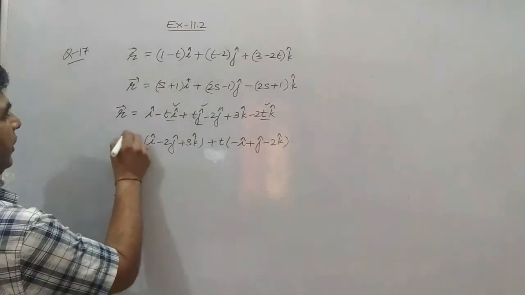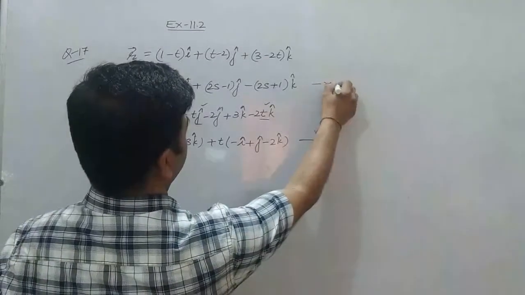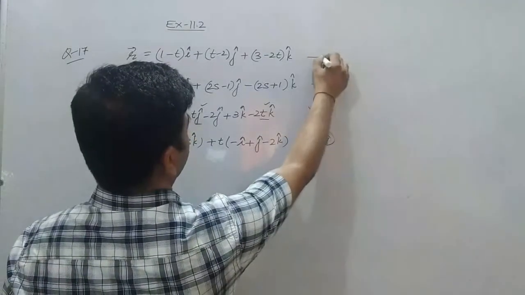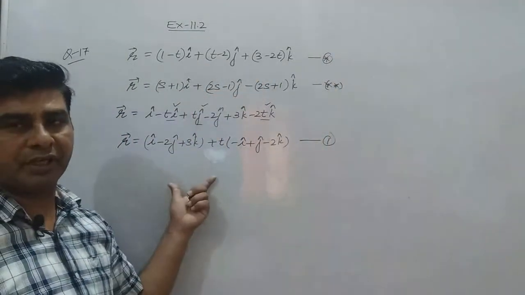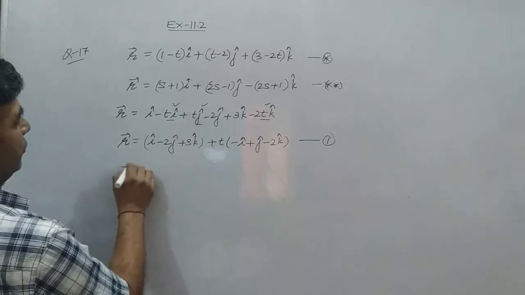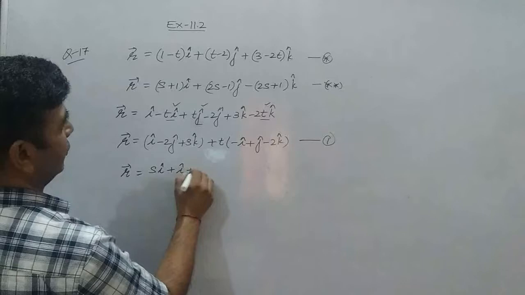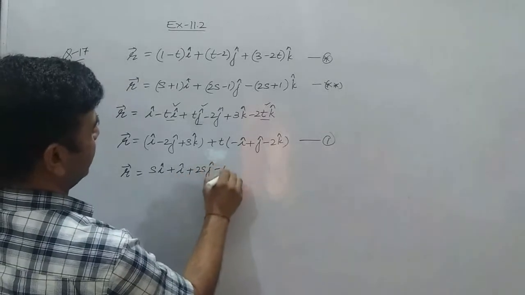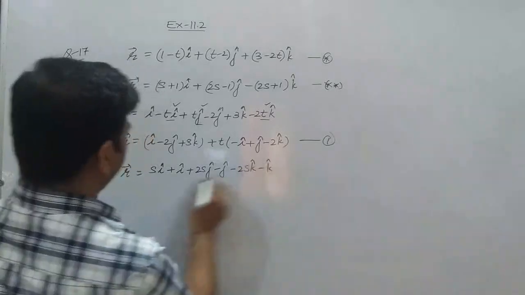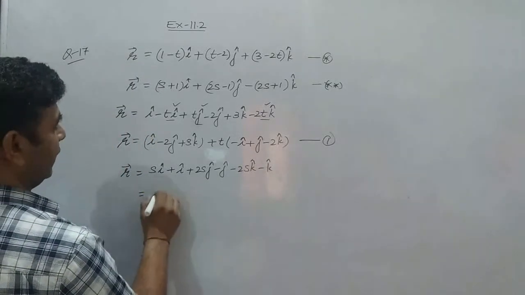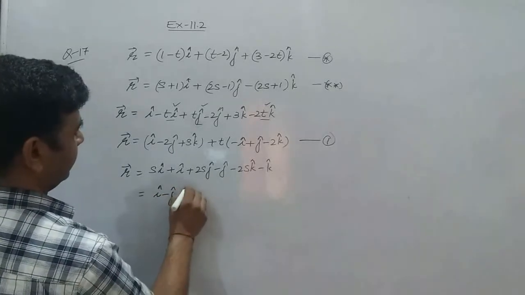And similarly we can do it for the second as well. We can reduce the second equation also to the form of a plus lambda b. Vector r is equal to s i cap plus i cap plus 2s j cap minus j cap minus 2s k cap minus k cap, and further it can be written as i cap minus j cap minus k cap.